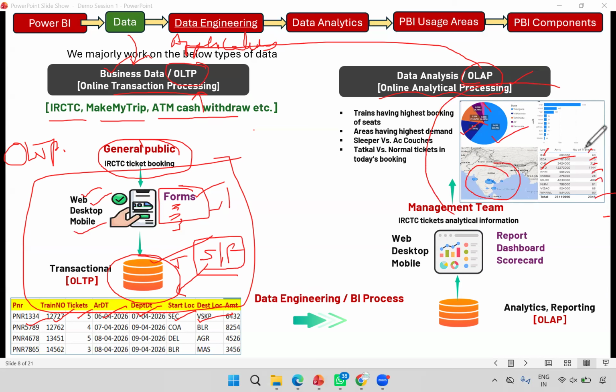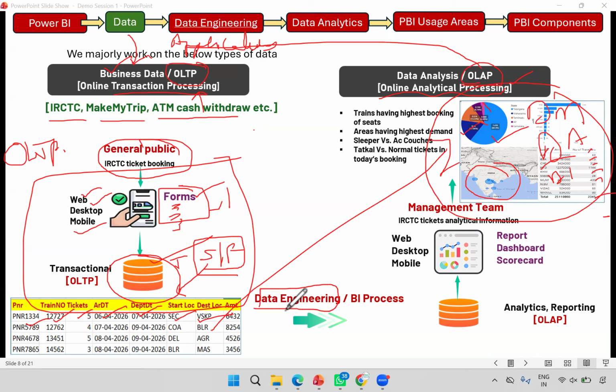This kind of presentation comes under decision making data, data analytical data, business intelligence data. But how do you convert this data into this? Directly not possible. Remember, directly not possible. We have to apply a process called data engineering process first, and then business intelligence process, all together the data analytical process. Then only it shows like this.